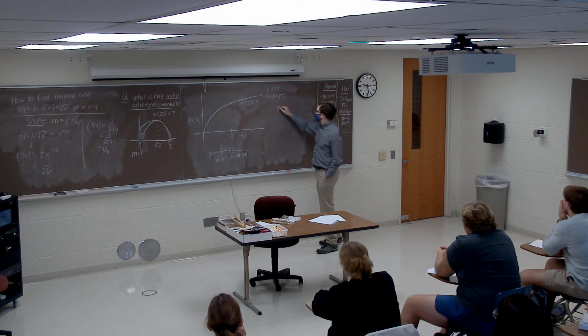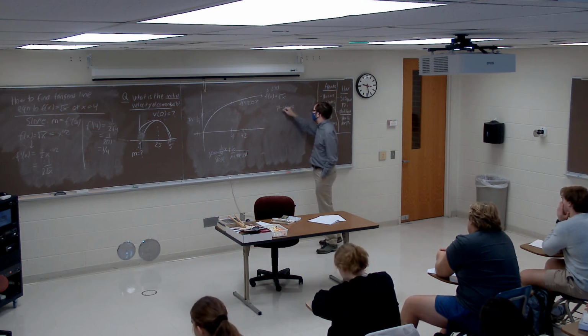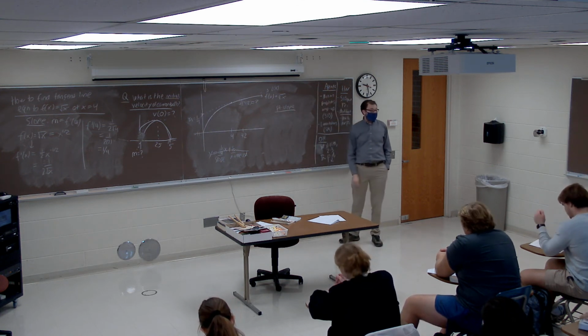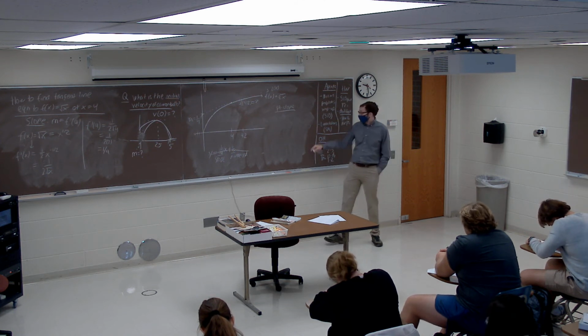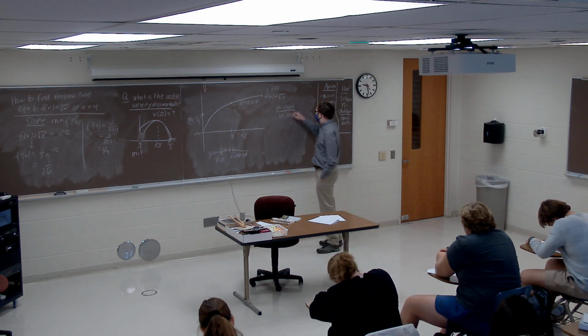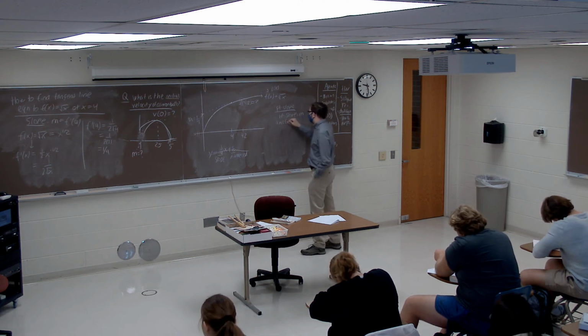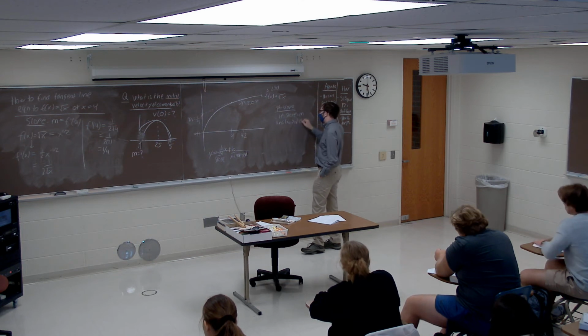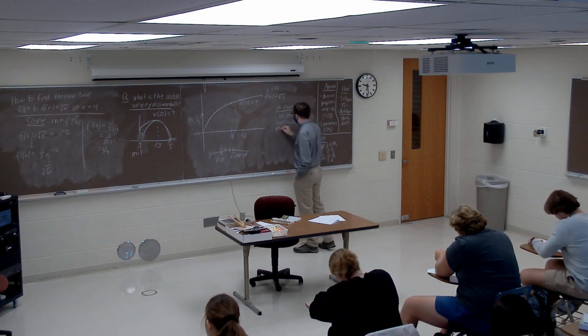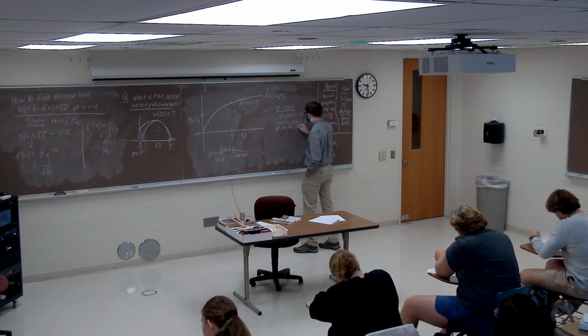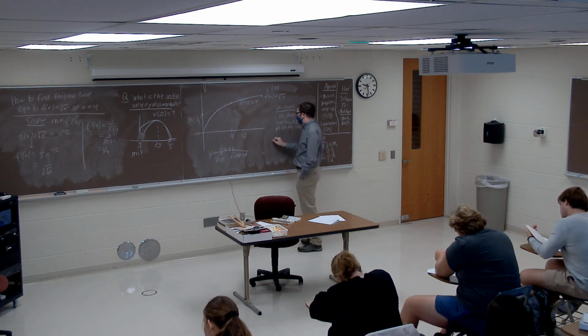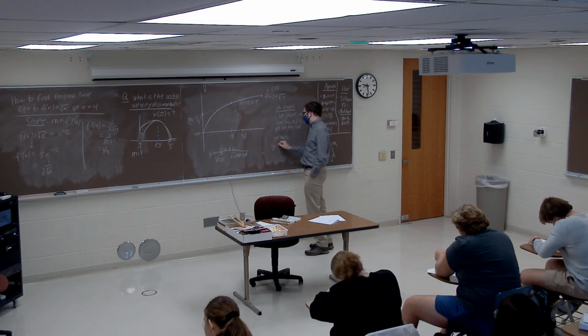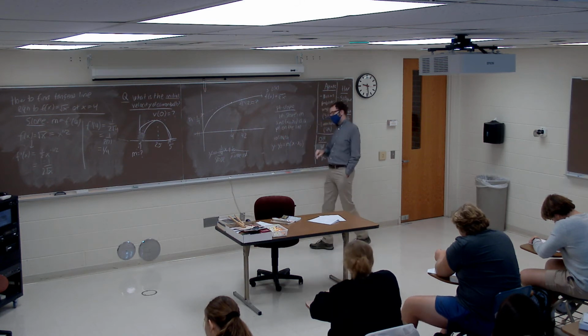Where the point slope form of a line is, if you know the slope of your line, if slope equals m and x naught, y naught is a point on your line, you could say that the line has formula y minus y naught equals m times x minus x naught.